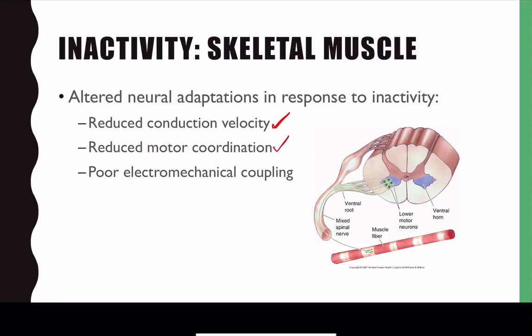Reduced motor coordination, activating the right set of motor units for the task that you're asking for. To have the most efficient activation of the muscle is lost with inactivity. And then you see poor electromechanical coupling. The transmission of that electrical signal from the nerve actually creating the mechanical response in the muscle.